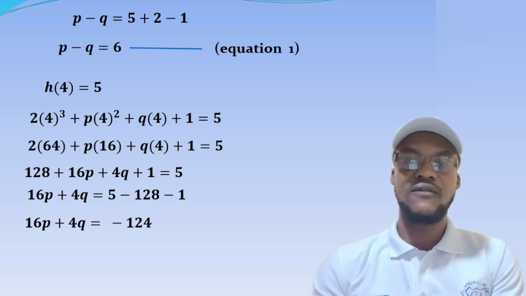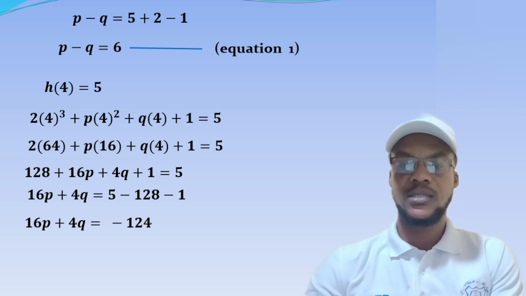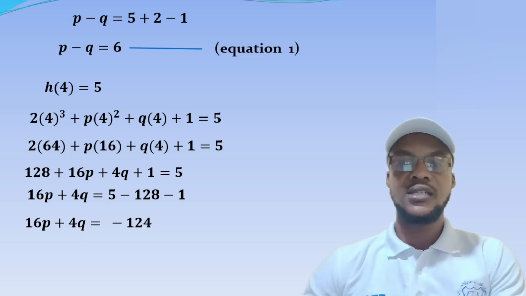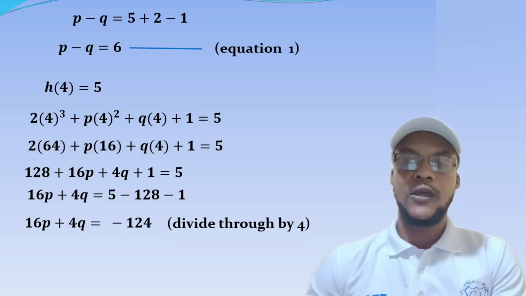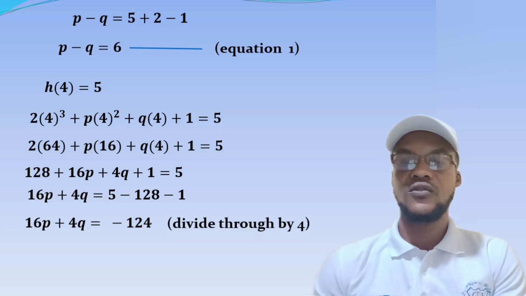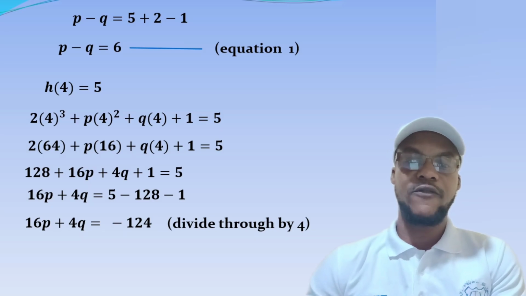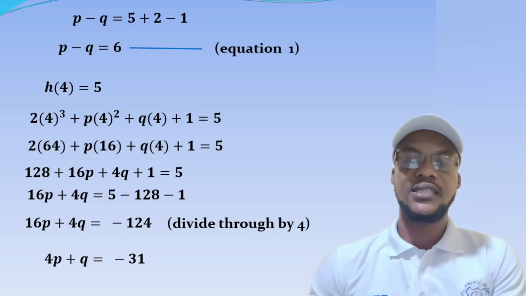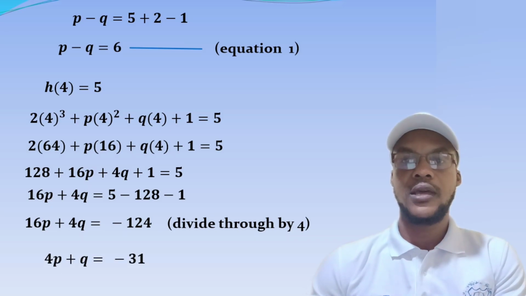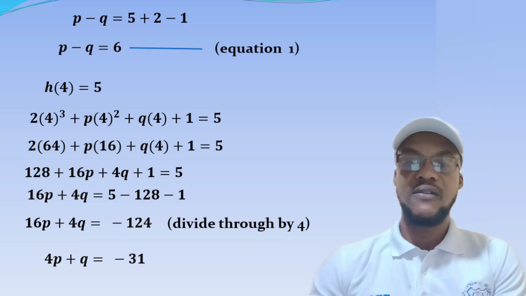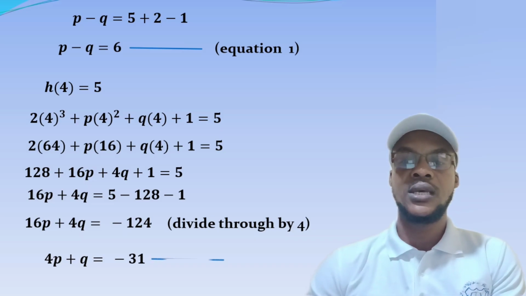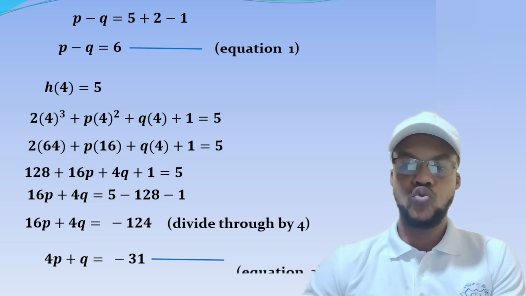We have 16, we have 4, we have 4, so we can divide through by 4, and if we divide through by 4, we are going to get 4p plus q equals -31. Once we have this, we can call this equation 2.